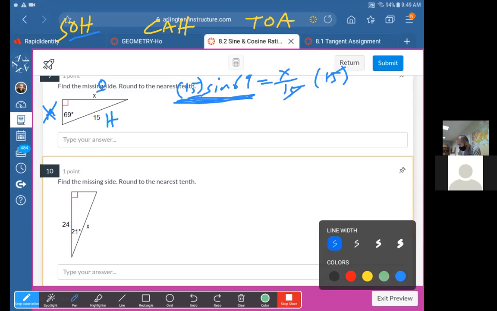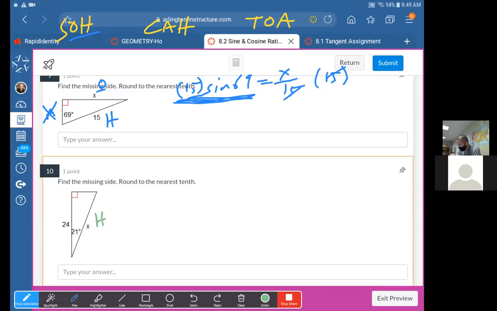This bottom one here, here's the hypotenuse. This is the angle, so that's your A. This is your O. You don't have the O, so AH is cosine. Cosine of 21 equals 24 over x. So this is where you can use that shortcut. Swap these.